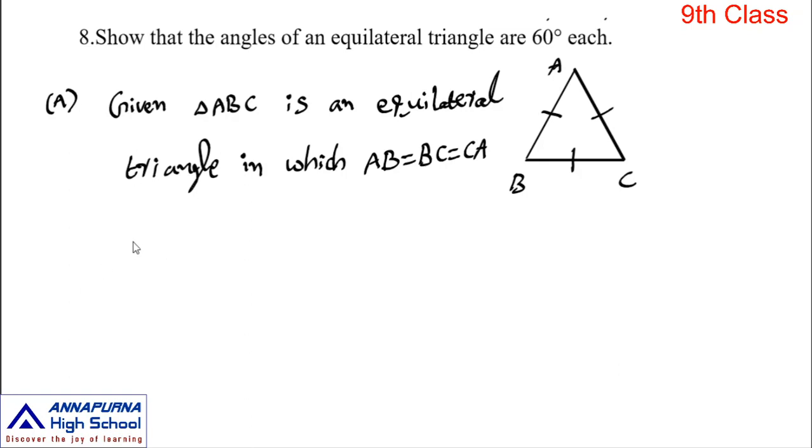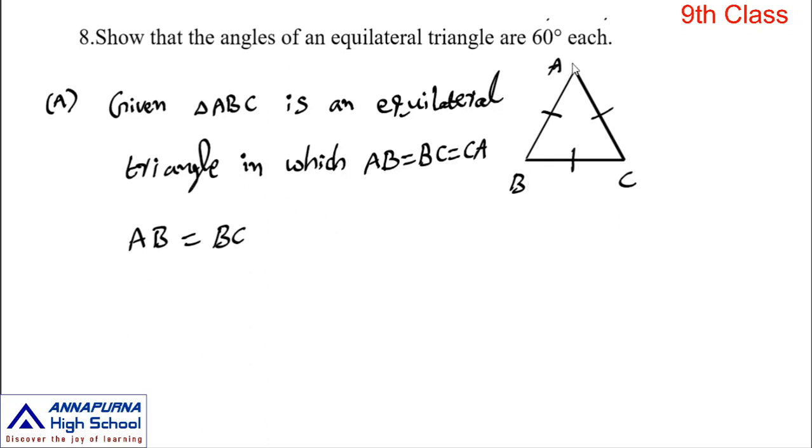First we take AB is equal to BC by using theorem 7.2. What is the statement of theorem 7.2? Angles opposite to equal sides of an isosceles triangle are equal.